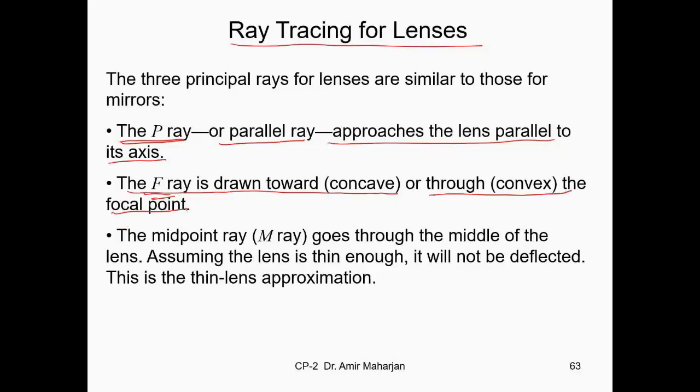You just need the P and M rays to find the position of the image. The midpoint ray is the M ray. It goes to the middle of the lens and it doesn't get deflected. It won't deflect if you pass a ray of light through the middle of the lens.